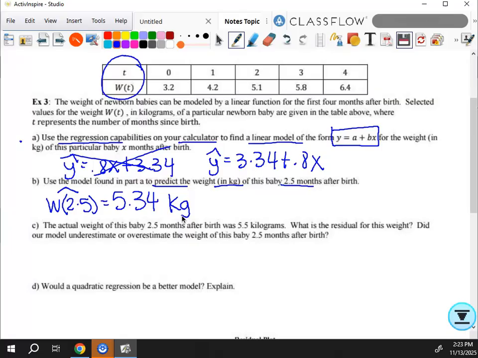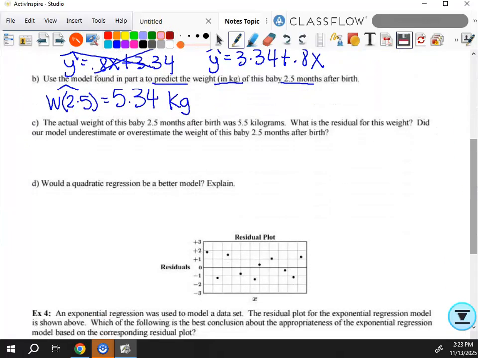Okay. Then it says the actual weight of the baby 2.5 months after birth was 5.5. What is the residual? All right. So residual is what minus what? Actual minus predicted. So my actual is W of 2.5 minus my predicted, which is W of 2.5 with the hat on it.